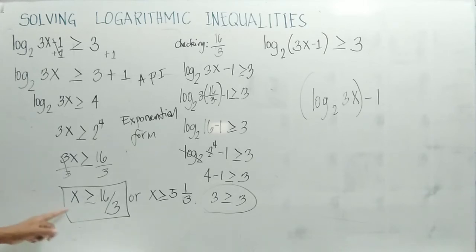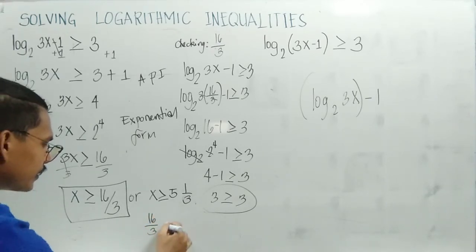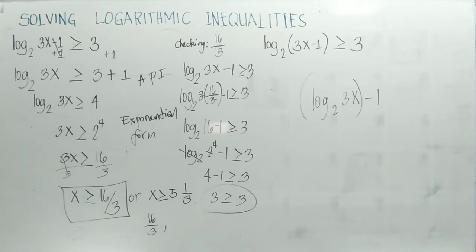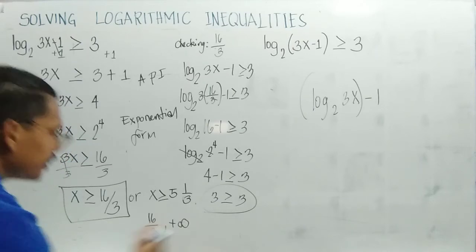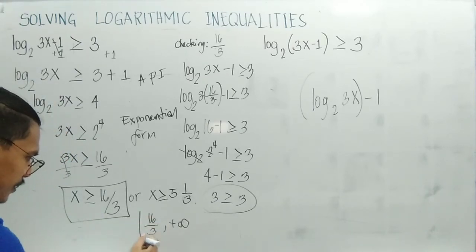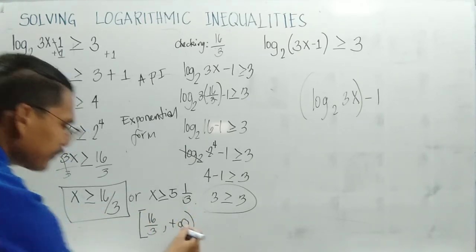Okay, so we can say that our solution set is from 16 over 3 until, because it is greater than, positive infinity. We will be using this symbol, the bracket, to denote that 16 over 3 is a part of your solution until positive infinity.